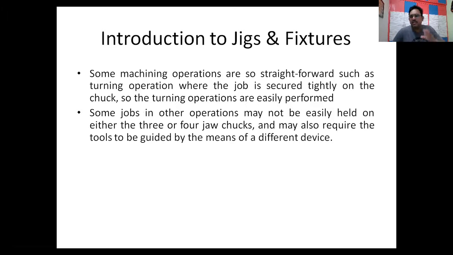For example, if the roundness is not properly there, even for the 3 jaw chuck of a turning operation, if the shape of the workpiece is not proper, not a complete circle, or it is an irregular shape, then even in a 3 jaw chuck we cannot properly fix it.